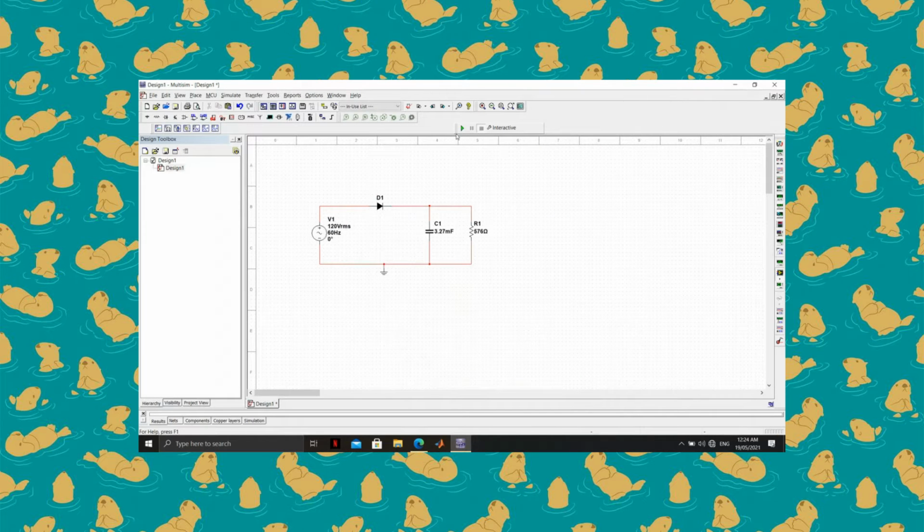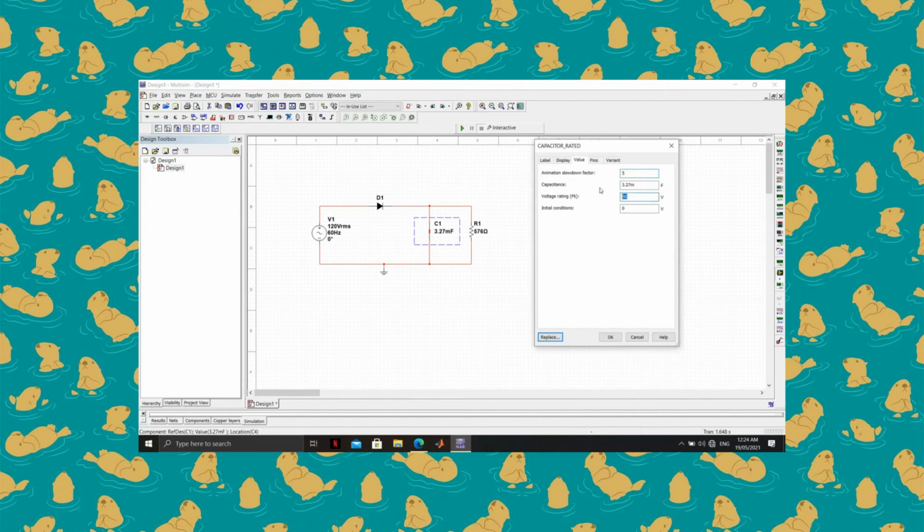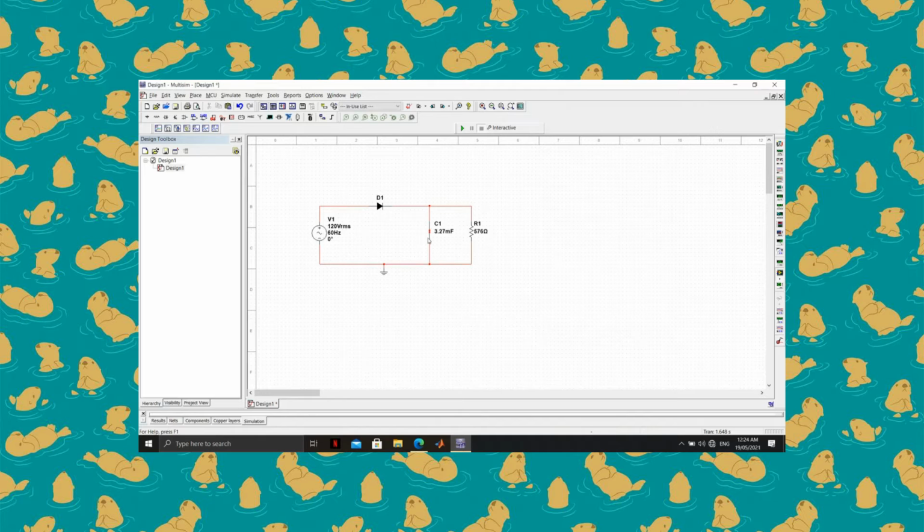So let us run. First, before simulating, change the peak voltage rating to a very high value, so that the components of the circuit would not burst. We need to measure the power across the load, which is supposed to be 50 watts.